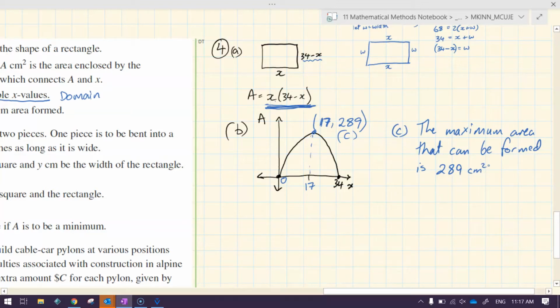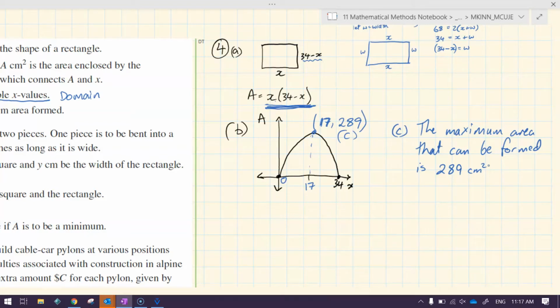I know we write centimetres squared, but get in the habit of saying square centimetres. Because if someone says 289 centimetres squared, it could be ambiguous. It could mean 289 centimetres by 289 centimetres, and then multiply those together to get your answer. Even though we write centimetres with the squared after it, say square centimetres.